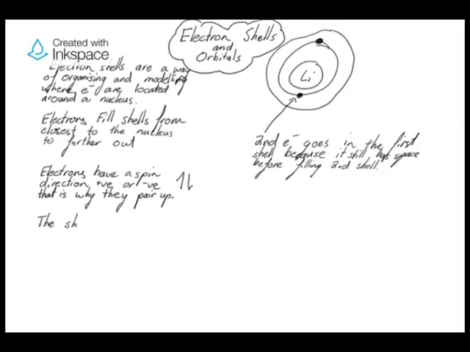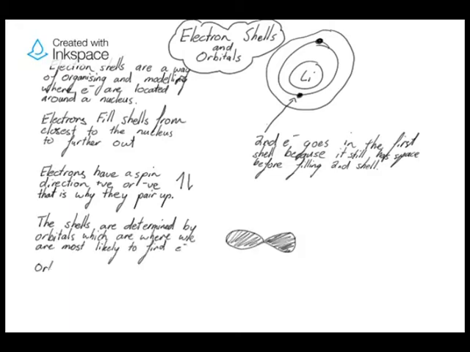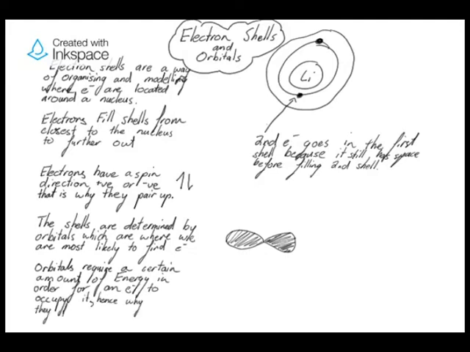Cool. So, shells are determined by orbitals, which is where we are most likely to find electrons. Orbitals require a certain amount of energy in order for an electron to occupy it, and hence why they fill from the inside, which have the lowest amount of energy required, to outside it.